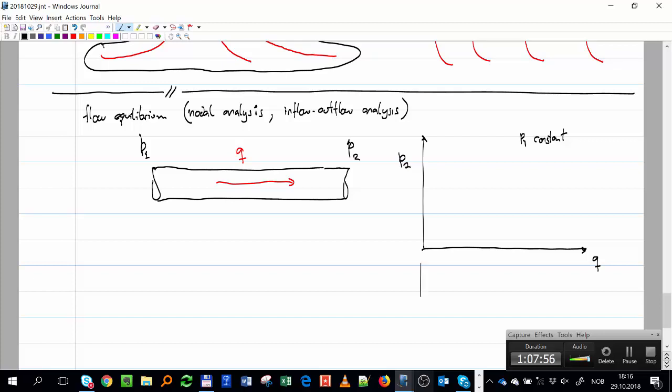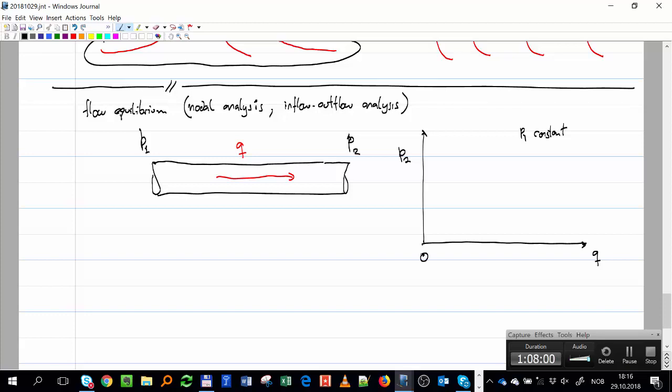Let's start with some simple point. What happens when we are at zero rate? P2 should be equal to P1, right? I have a horizontal pipe, I have no flow, nothing whatsoever. So here I should have, let's put it someplace here, P1, exactly at zero.